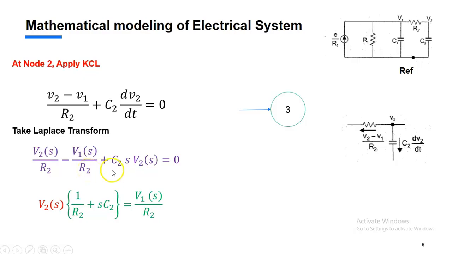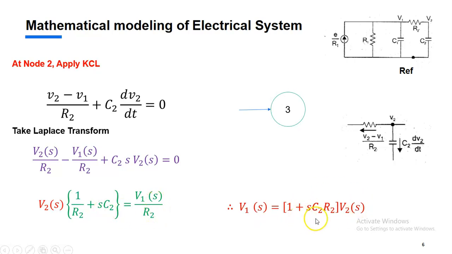Take V2 of s outside from these two elements: 1 by R2 plus sC2. I am moving this V1 of s by R2 to the right side, and we are going to solve it for V1 of s. V1 of s is nothing but V2 of s into this term.